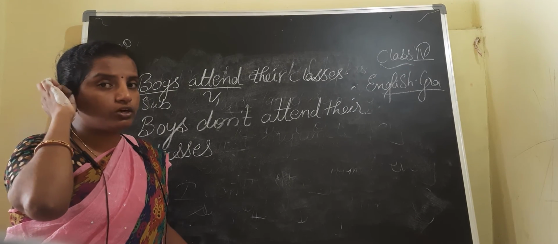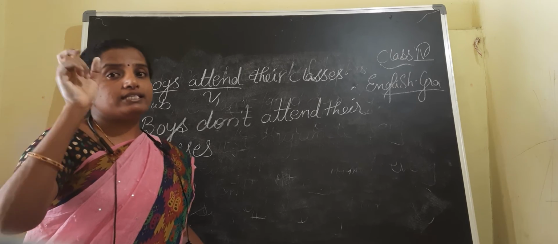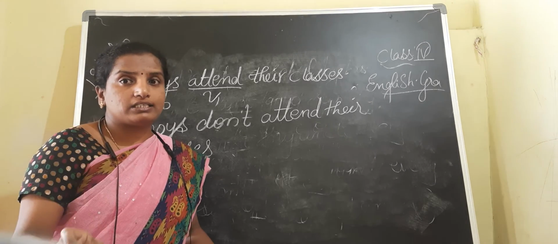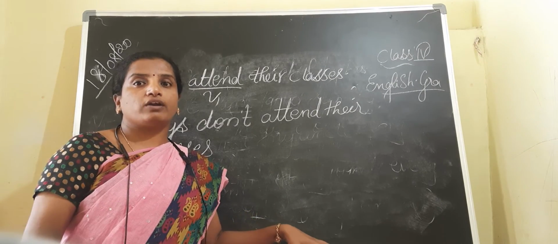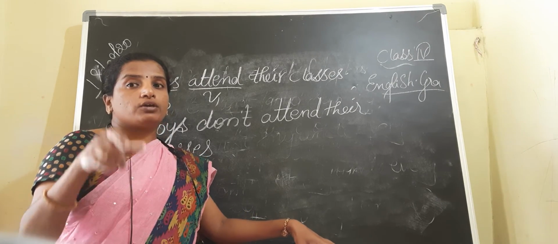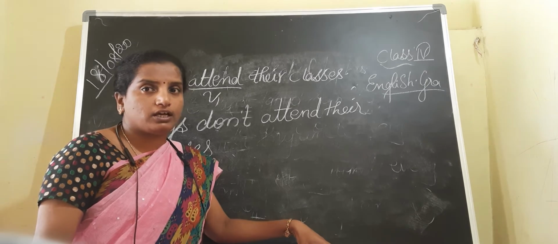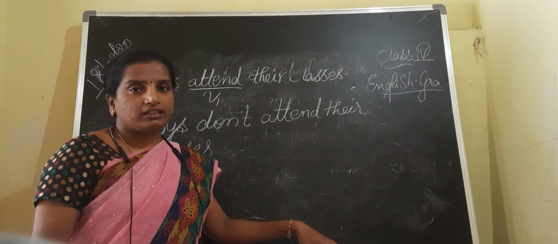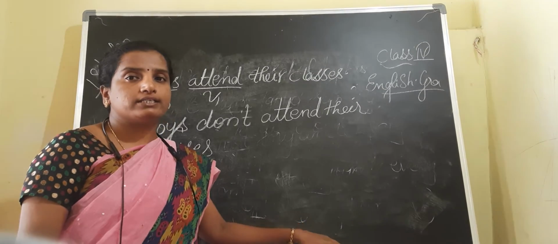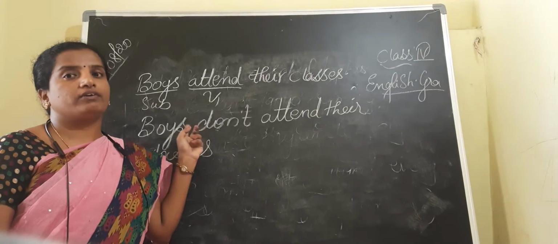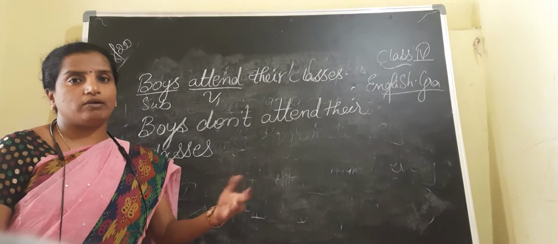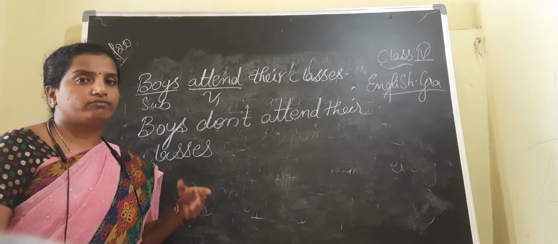So make sure, children, whenever there is a helping verb in a sentence, you have to add not with the helping verb to write the negative form, and you have to start the question with the helping verb. But when there is no helping verb in a sentence and you are given the V1 form of the verb, only now we are talking about V1, then we will move to the other forms of the verb.